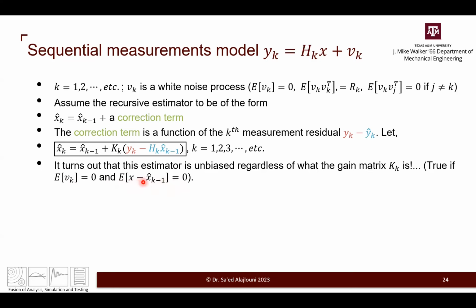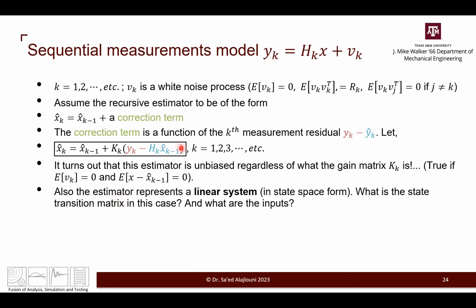We can read this expectation as the expected value of the estimation error at the k minus 1 instant, because this is the true value, and this is the estimated value at the k minus 1 sample. So this is nothing but the expected value of the estimation error at the k minus 1 sample.